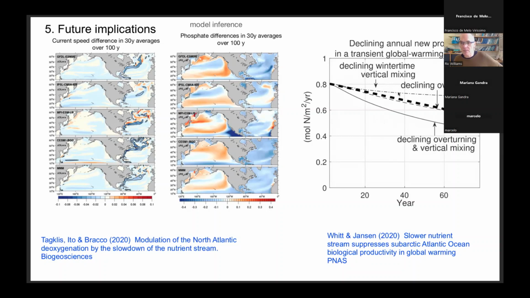It declined because of a weakening in the vertical mixing, and it declined because of the ocean overturning weakening. And actually, the stronger response was because of the effect of the weakening in the overturning. So they argued that the slowing down of the nutrient stream then reduces biological productivity in the subarctic Atlantic Ocean.